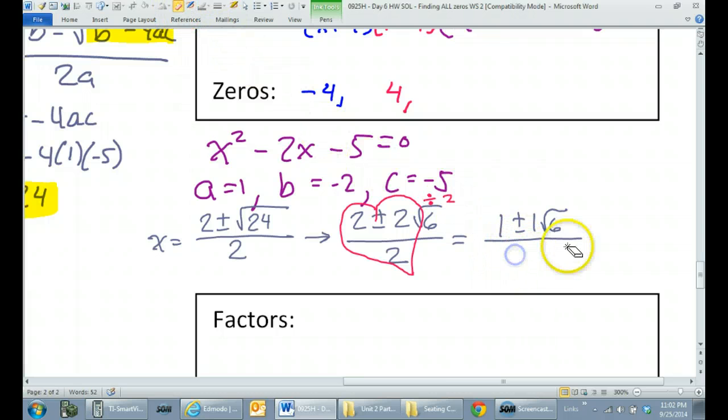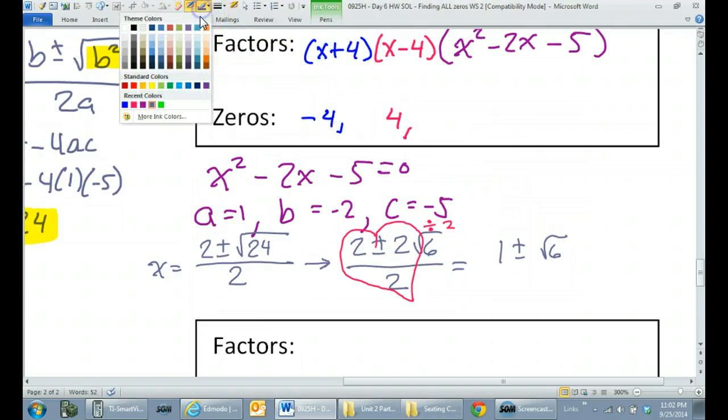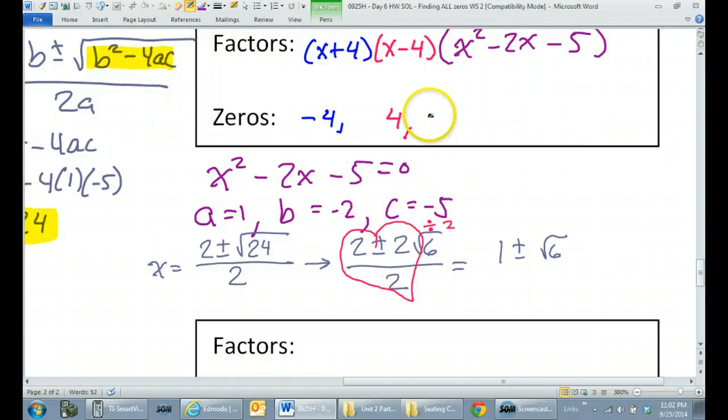This 1 down here, we don't need a 1 in the denominator, and this 1 in front of the radical 6 we don't need either. So this is really it: 1 plus or minus root 6. Let's look at that as 2 zeros: 1 plus radical 6 and 1 minus radical 6.